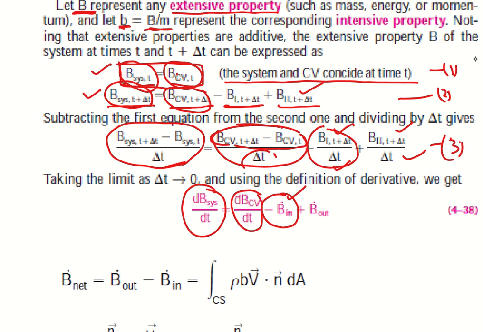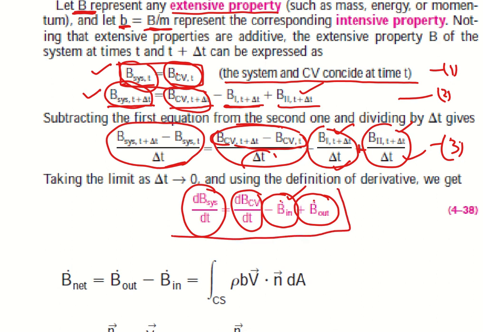So this is represented by b in dot, plus this b2. b2 is what? That property going outside the control volume through phase. So that is represented by b out dot.